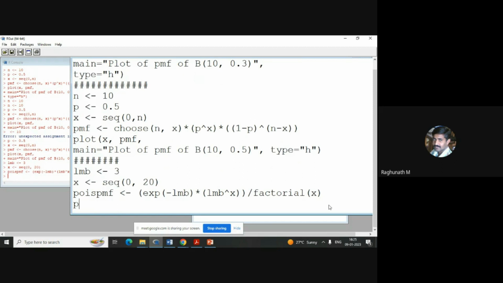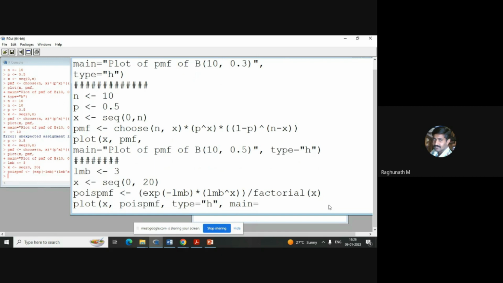Again here also we are going to plot the PMF. Plot x comma, whatever name we have given, the Poisson PMF. Again I will use type equal to h. And if you want, you can give the name.